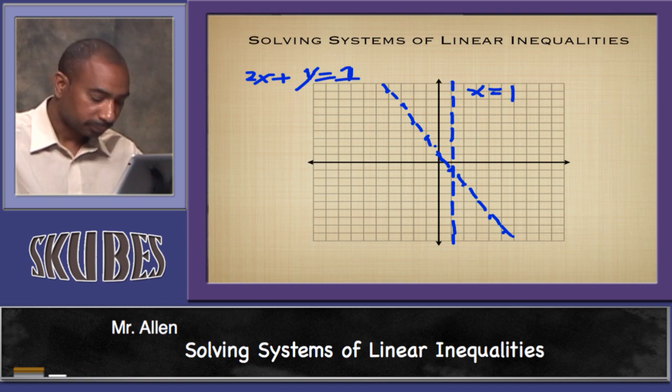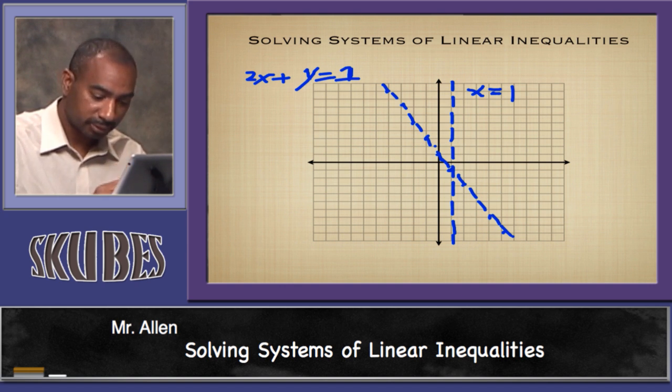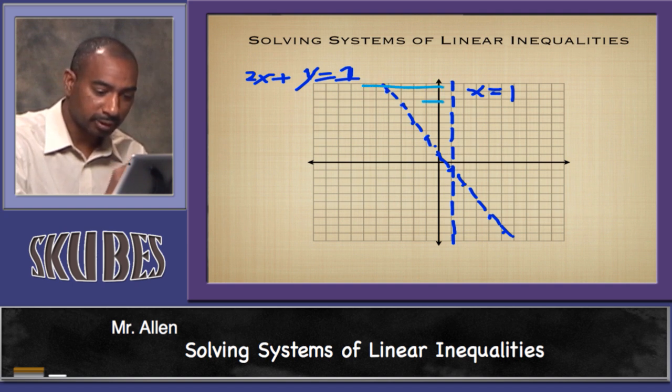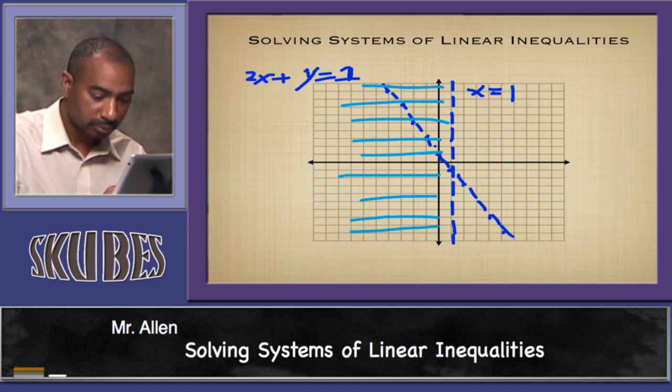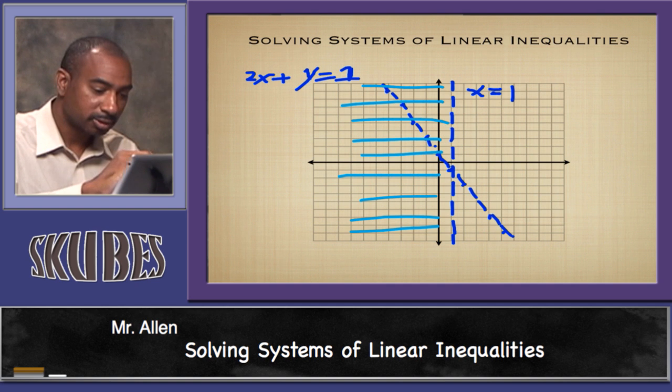All right, so we're talking about numbers that are less than 1, so you're going to shade to the left. You can shade everything to the left of this dashed line, but not including points on that dashed line. And the other one is 2x plus y is strictly greater than 1.